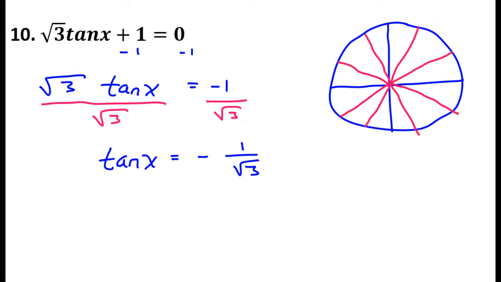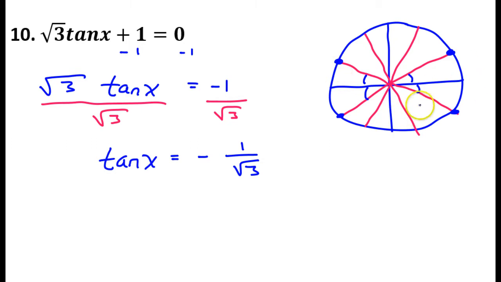Now in terms of reference angle, these are the 4 angles that have a reference angle of pi over 6, because each of these is pi over 6 away from the horizontal axis.